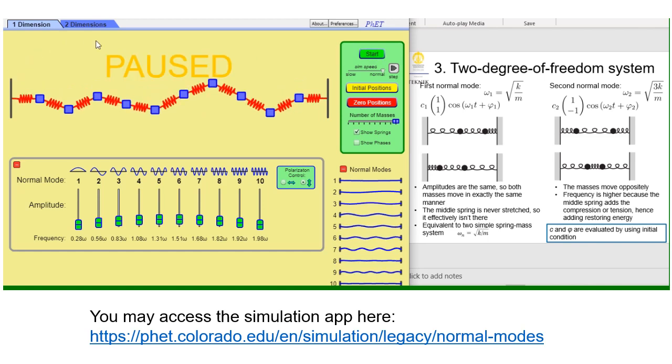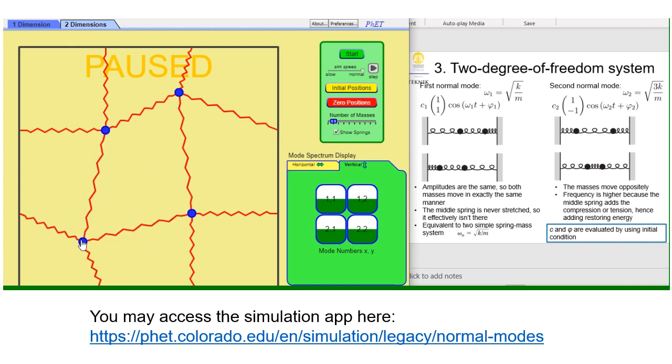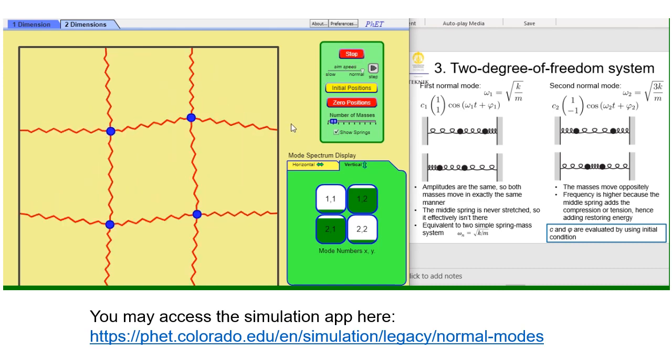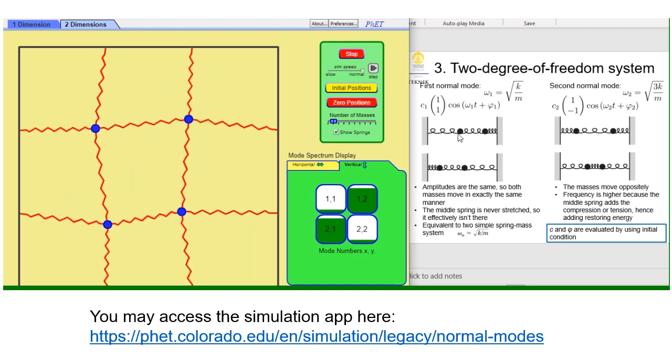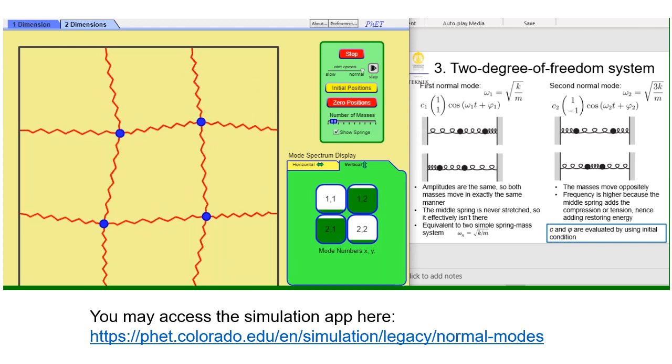Another thing, you can also move on to two dimension system, but this is too complicated. You never do this in theory usually, but this app or simulation will give you a very nice way of seeing what will happen in the case of two dimension system. All right, that's it. Thank you.